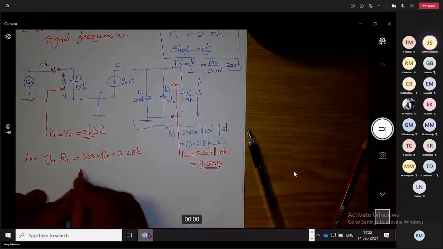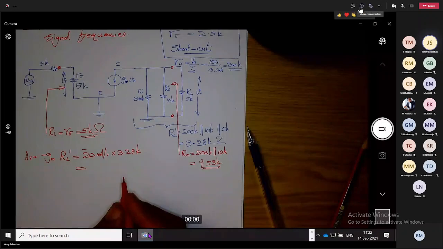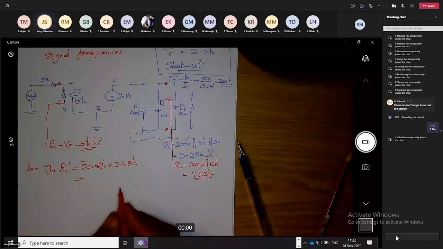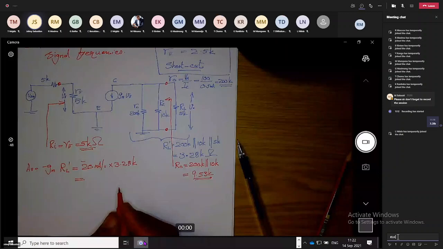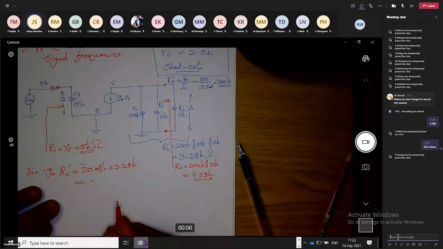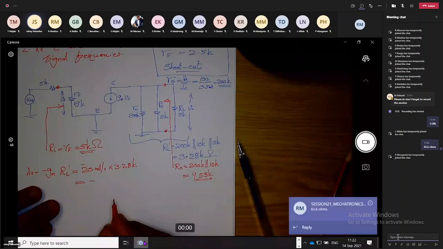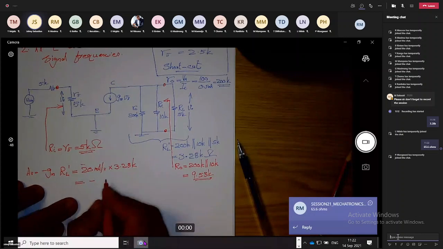How much? 65.6 ohms. How do you get ohms for a voltage gain?